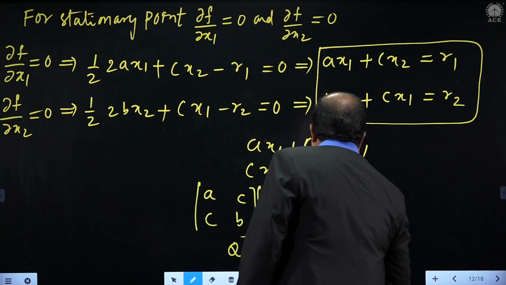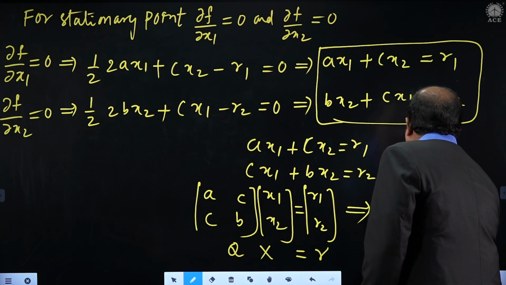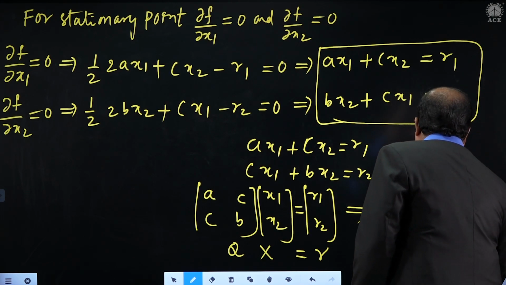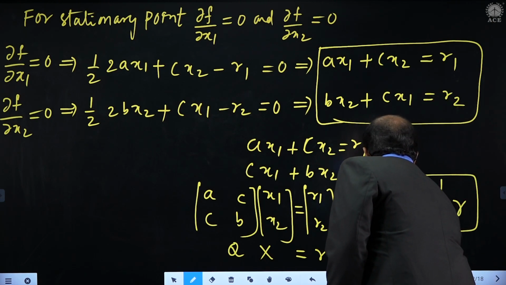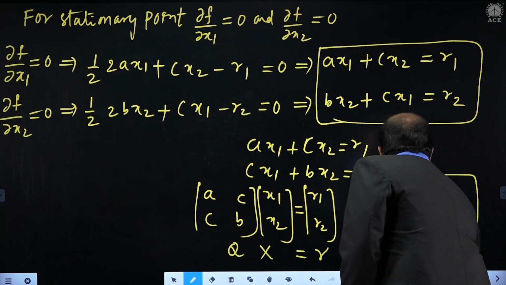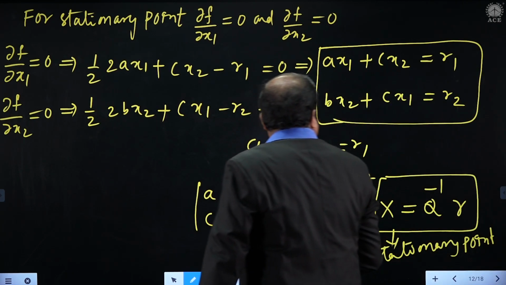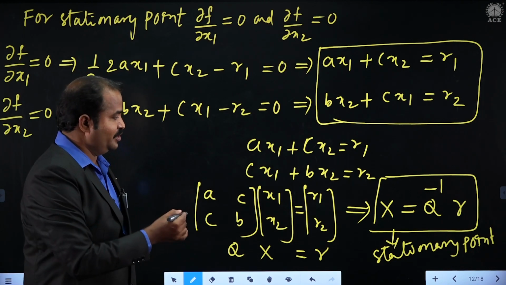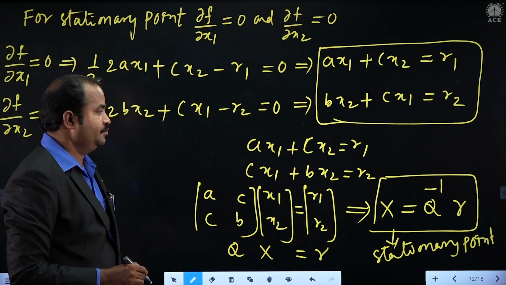The x value is required, that implies x equal to Q inverse into r only. This is the stationary point for the function f of x equal to half x transpose Qx minus r transpose x.